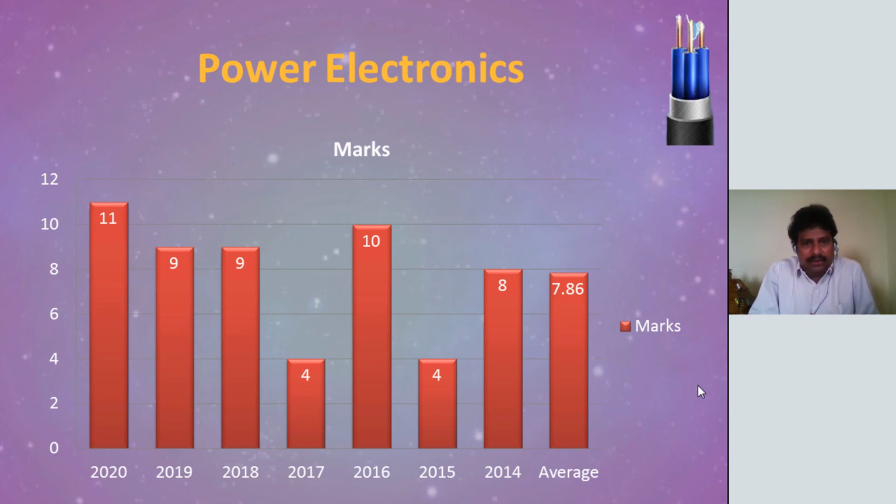So this year onwards, as far as the recent developments are concerned, I feel that this power electronics would have a good weightage, and I am anticipating that 8 or 9 marks would be allocated for this power electronics.